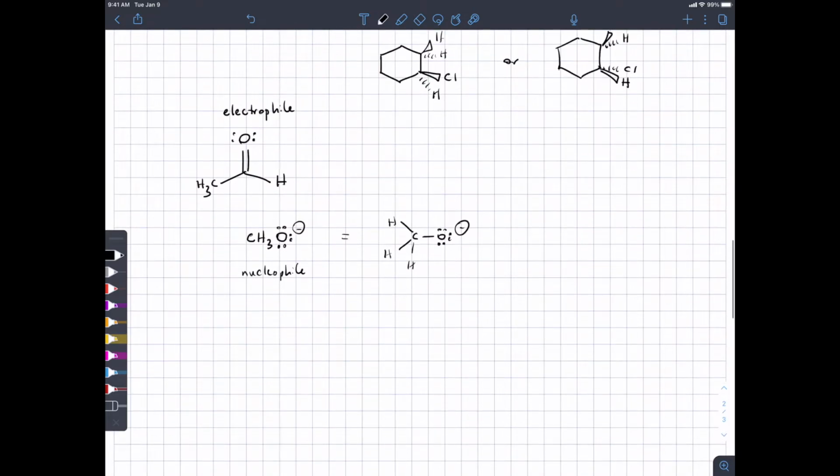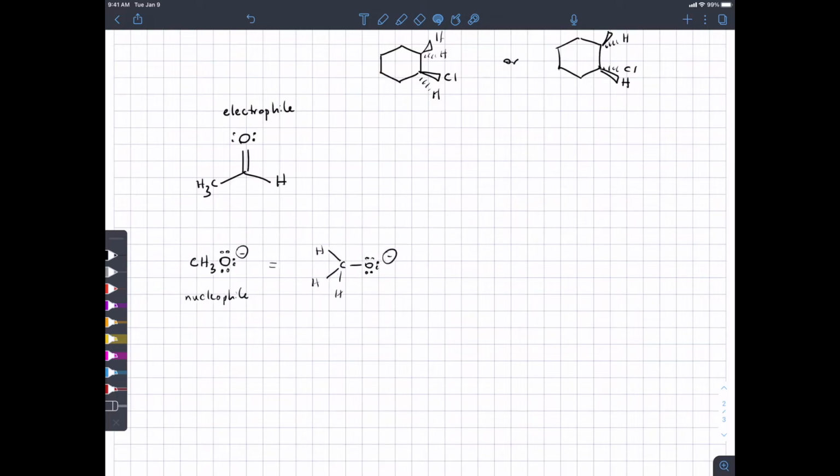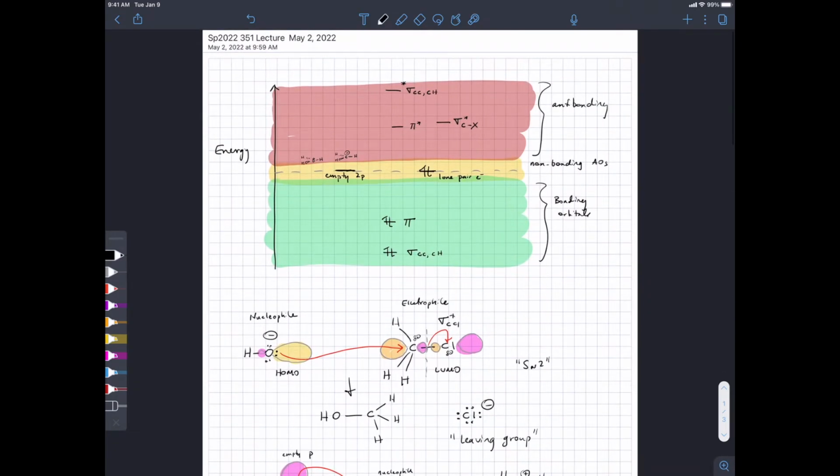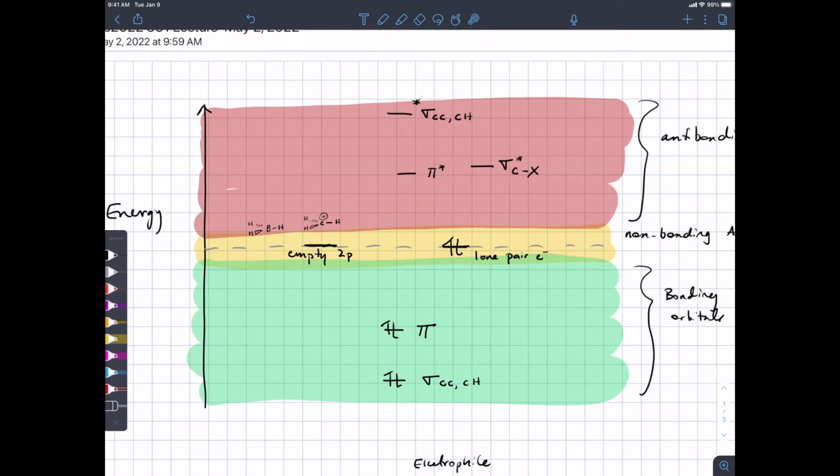Okay, so the easy one, what is the highest occupied molecular orbital of our nucleophile? That's easy, lone pairs on the oxygen. How about the LUMO of the electrophile? Pi star. Go back to our graph, or picture. If you're looking for empty orbitals, you start by looking for an empty 2p orbital.